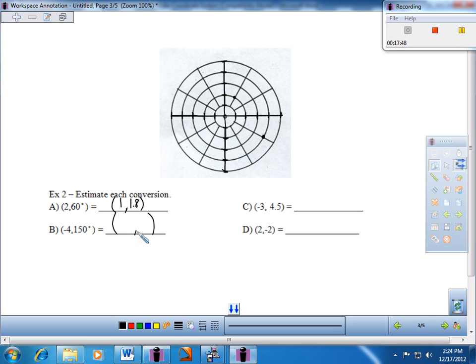It would be great for you to pause the video or just do it while I'm rambling up here. And let's see. So I'm going 1, 2, 3. It looks like somewhere in between 3 and 4 on a positive. So I'm going to put about 3.5. Let me make sure I get that decimal in there. And then the negative piece, the y value, it looks like we are coming down. So I'm going down 1, 2.